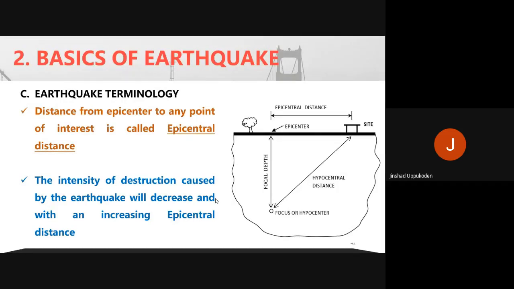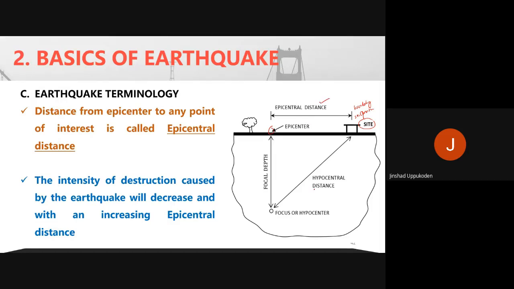Now the distance between the epicenter and a point of interest. A point of interest may be a site, which may be a building, or it may be a seismic instrument where we have kept our instrument for measuring the earthquake. This corresponding distance is called the epicentral distance.